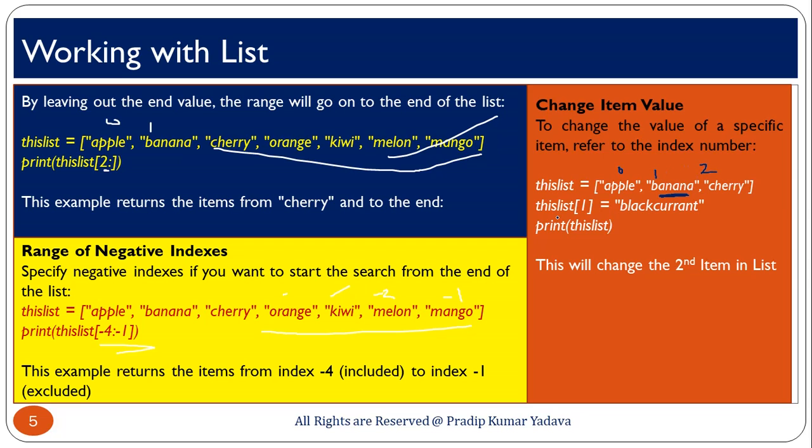So, just write this list, pass the index value here and whatever value you want to enter in this position, you can do it this way. So, this is a very simple process to change any item in a list, and we are discussing Python programming. So, this is the method to change.